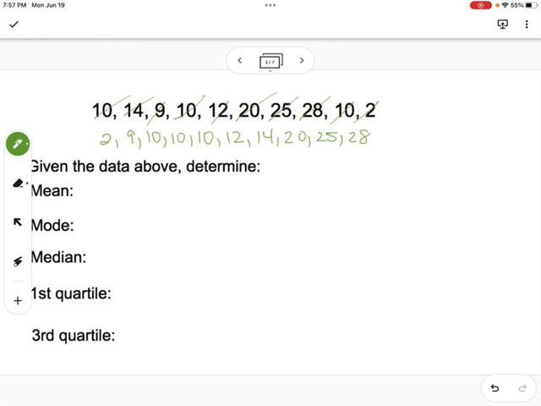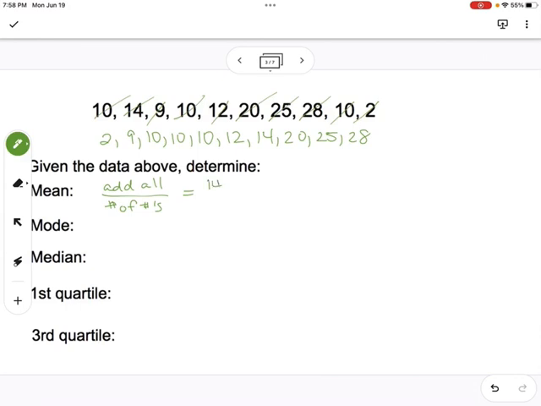The first one we have is asking for mean, and the mean is adding up all the numbers and dividing by the number of numbers that we have. So that's 2 plus 9 plus 10 plus 10 plus 10 plus 12 plus 14 plus 20 plus 25 plus 28.